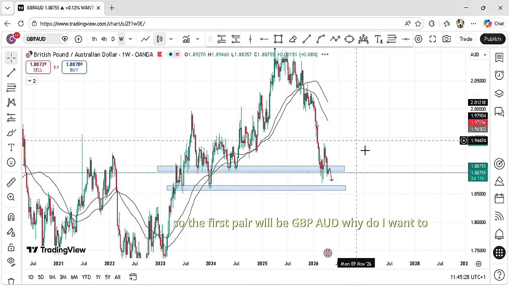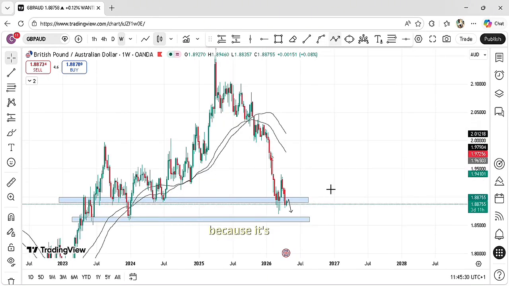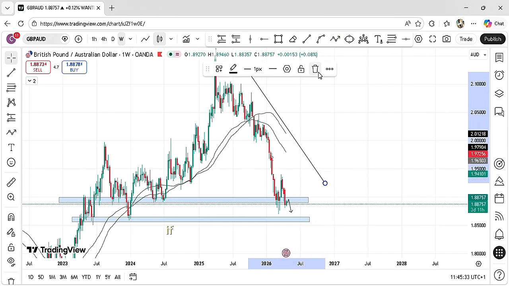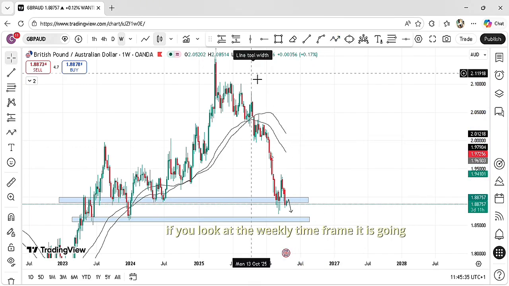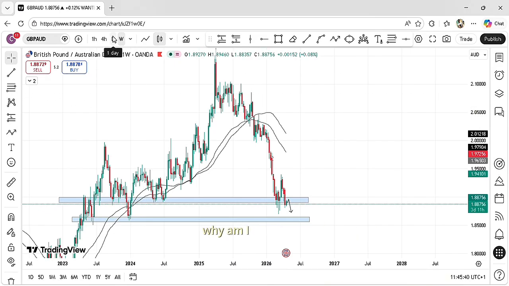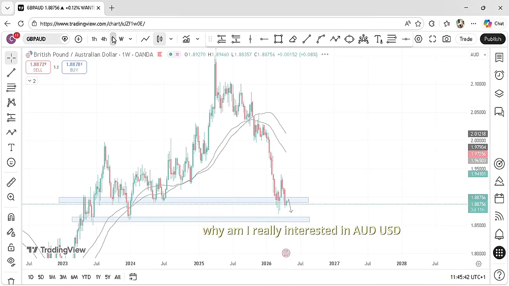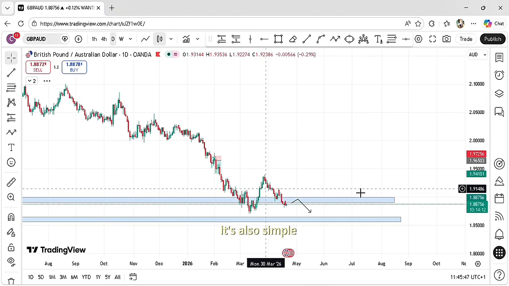Why do I want to trade the GBP AUD? Because it's very simple. If you look at the weekly time frame, it is going down, so that's why I like it. Secondly, it's also simple.